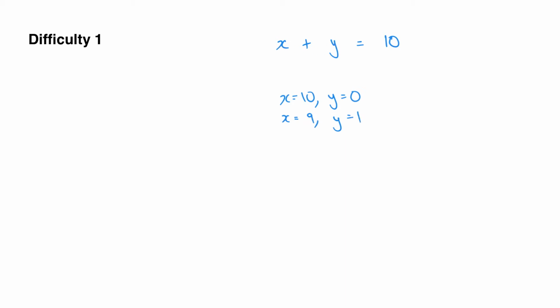And we don't even have to stick to whole numbers. We could have x equals 0.5, y equals 9.5. We can get into negative numbers like x equals -3, y equals 13. So you can see how we actually end up getting infinitely many solutions to this equation.